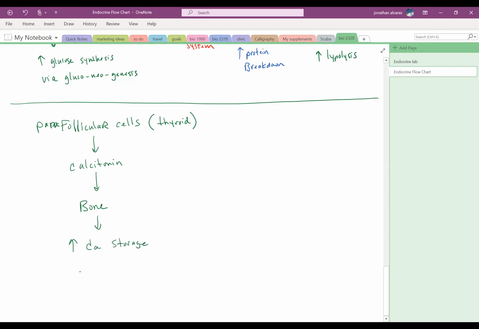It also helps decrease blood calcium levels. So if you eat a high calcium diet, with lots of calcium in the blood, no problem. Calcitonin is released and puts calcium in bone.